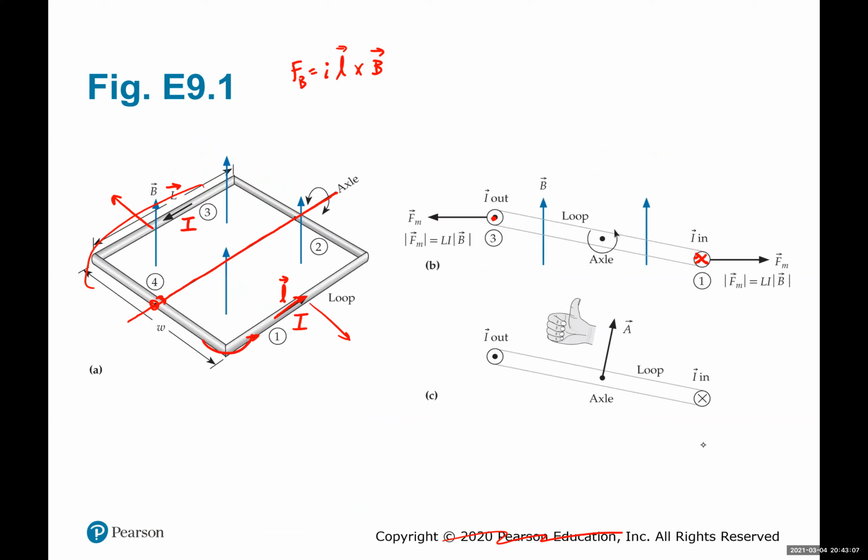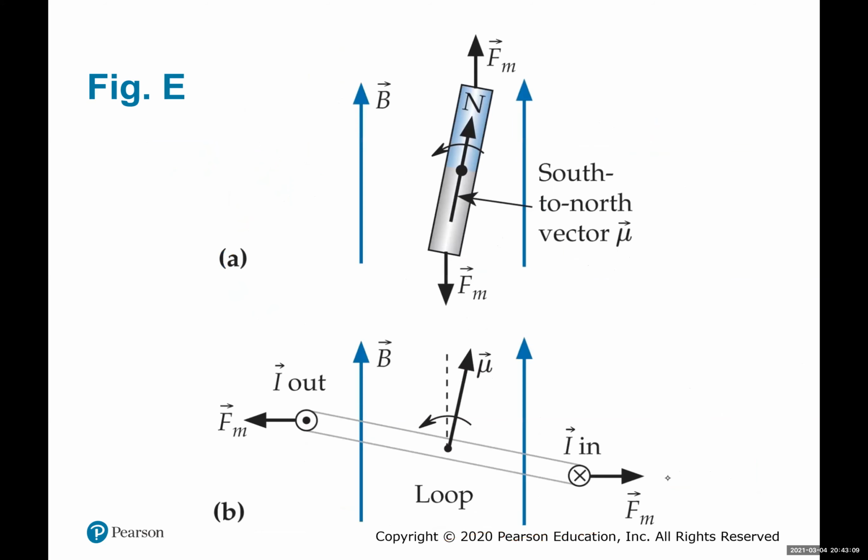With all that being said, this figure makes a lot more sense. We drew a magnetic dipole moment vector mu associated with a current loop.